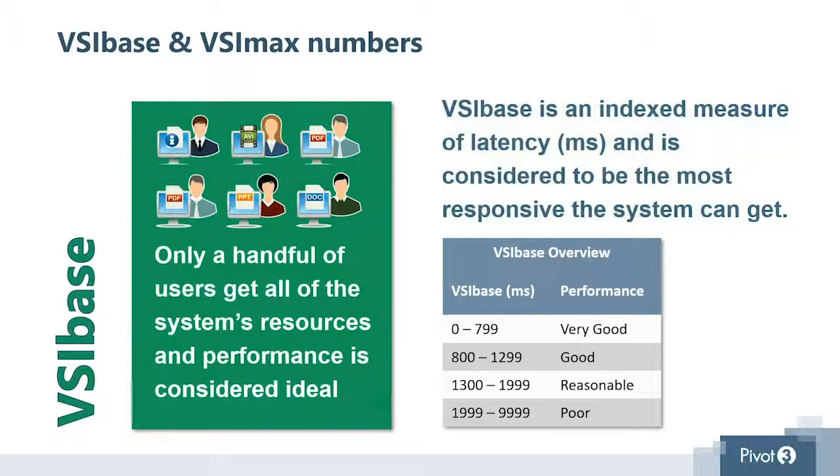VSI base is determined by measuring the responsiveness of the system when you have only a few desktop sessions running on the cluster. As you can imagine, with all the CPU and memory that cluster is comprised of, the responsiveness should be very good, and in this case it was with Pivot3.